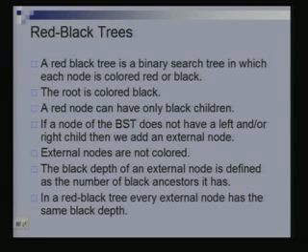Now, one thing we are going to do is that in our binary search tree, if a node does not have a left or a right child, we will create the left or right child by creating what we will call an external node, and I will show you what I mean by that.